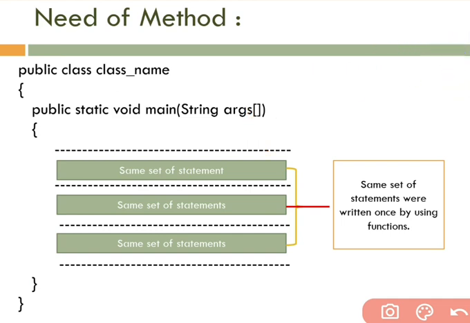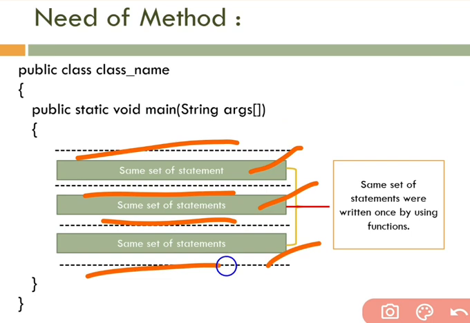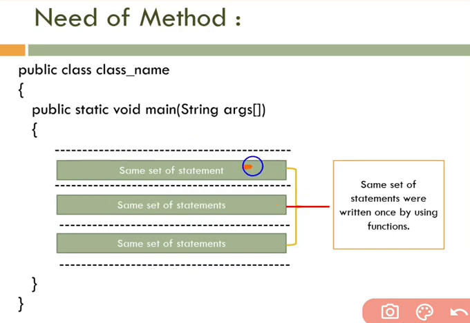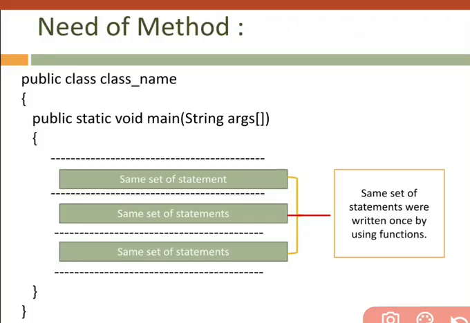If I want to find the factorial of these 3 values, the logic of factorial will be repeated 3 times in different positions. These are a few statements, and in between them, all these statements are the same except the value of the factorial. Now see, the value of the factorial changed, that is 2, 3 and 4, but the statements are the same.